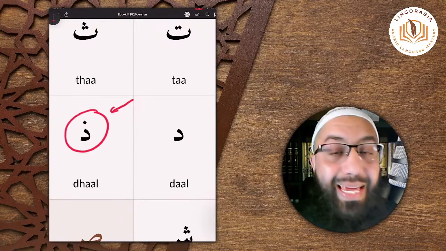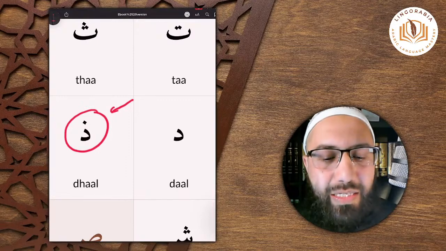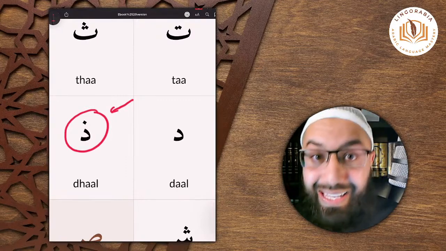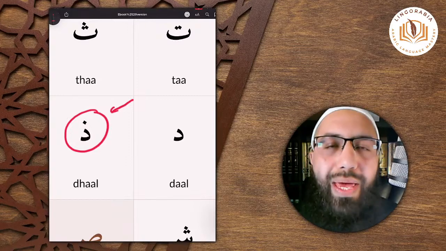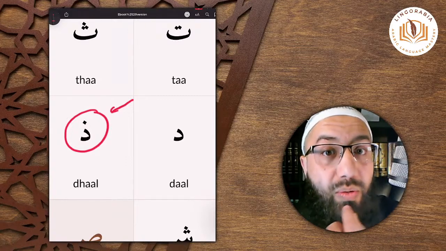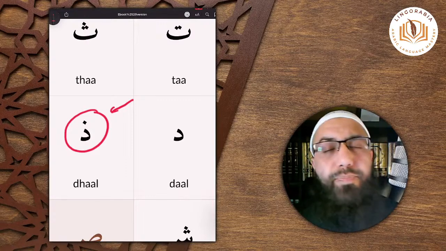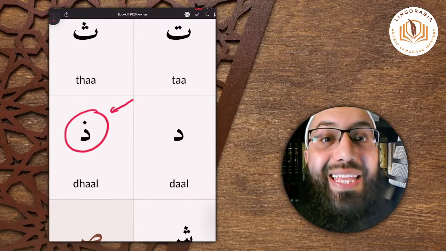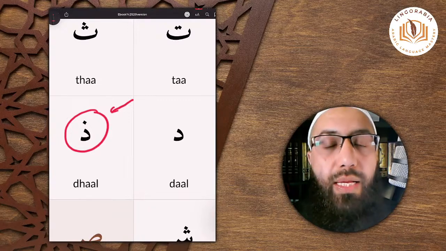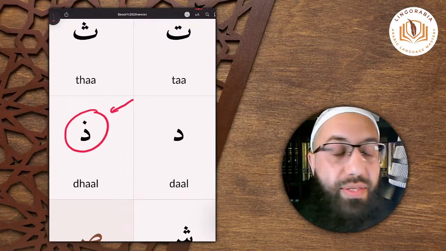They pronounce this letter as zay, and that's also a mistake. So make sure that you put your tongue between your teeth when you pronounce it. You don't do these things.